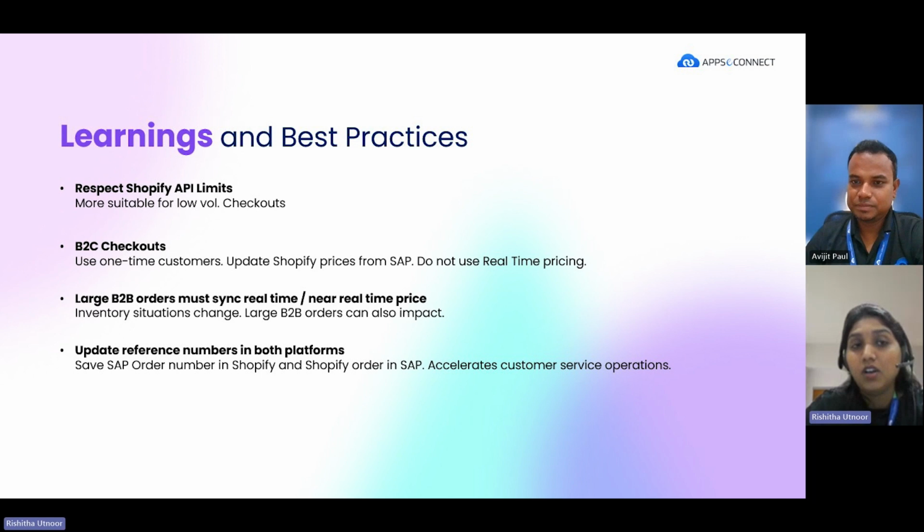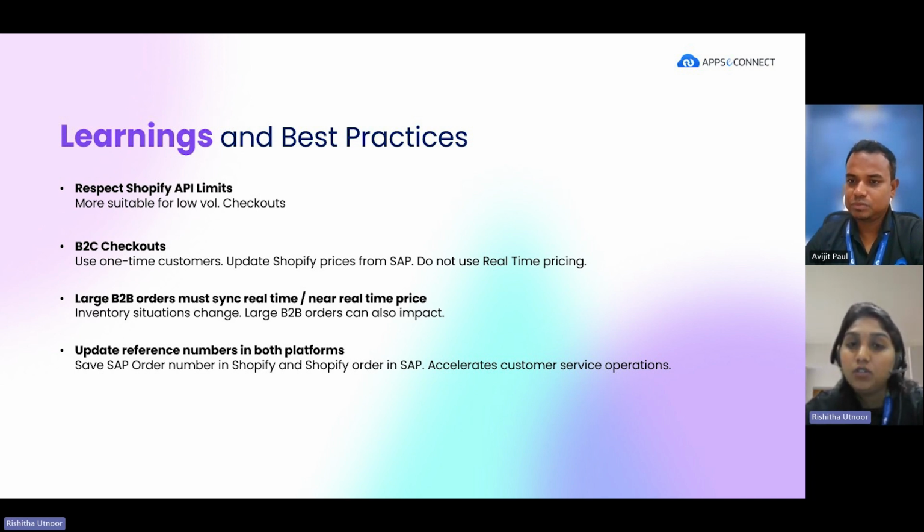Sure, Avijit. So coming to key considerations, we don't need to maintain any prices on Shopify. With this real-time sync process, all the price data, with the latest prices as well as the complex price configurations, would come from the ERP system to Shopify, which prevents data duplication and any ambiguity for the sales team, whether in the ERP or the e-commerce system.